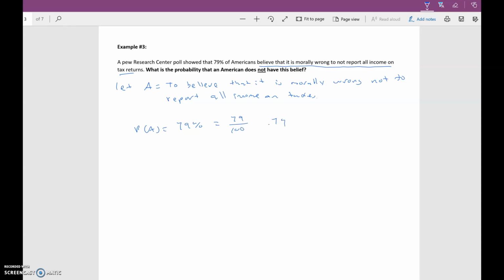Be careful on this one. The previous one was 0.25%, while this is just 0.79. What they're asking on this one as well is the probability that the subject does not have that belief. So this is the probability of A not occurring, or 1 minus the probability of A, or 1 minus 0.79.